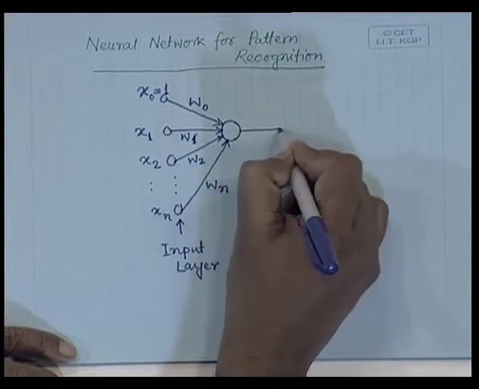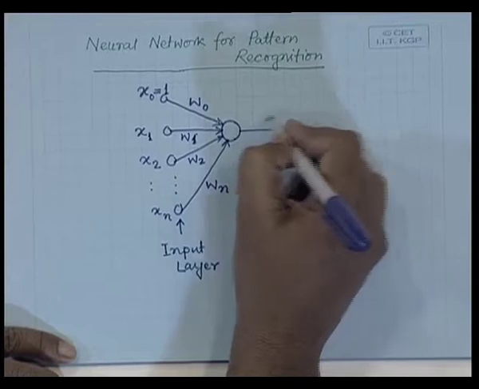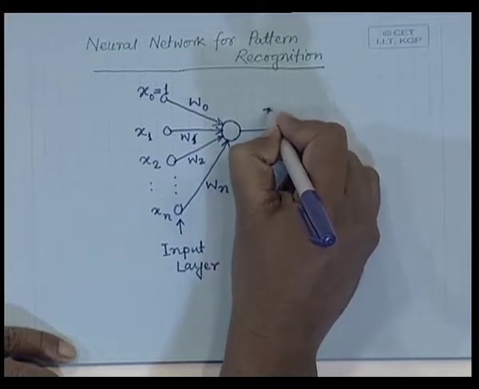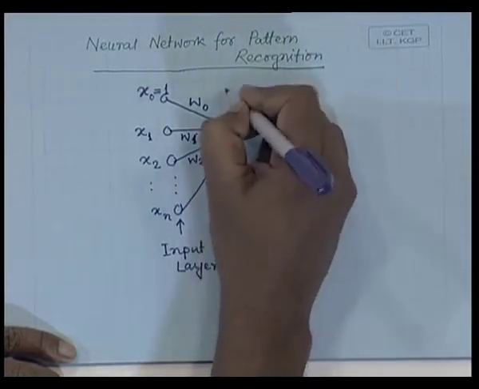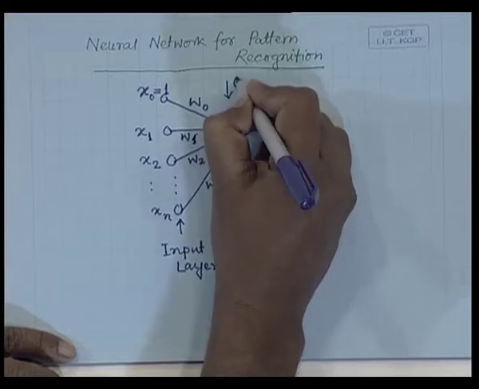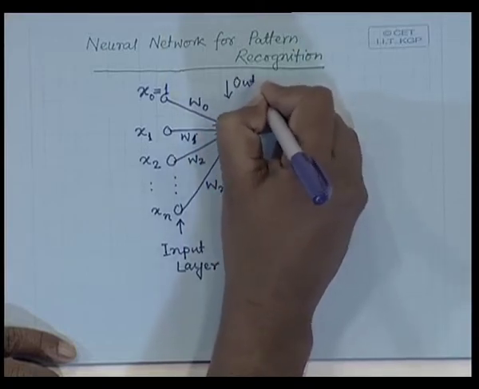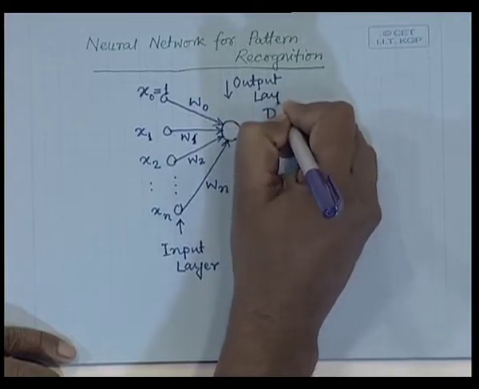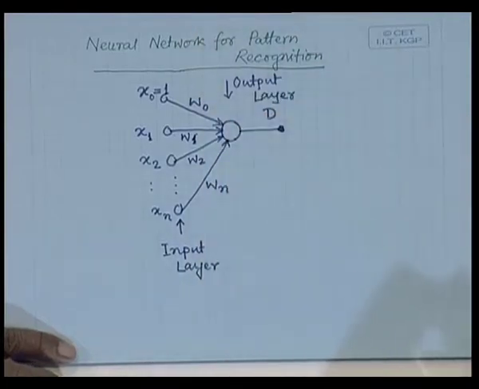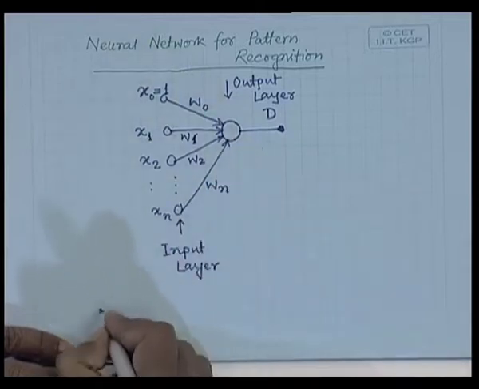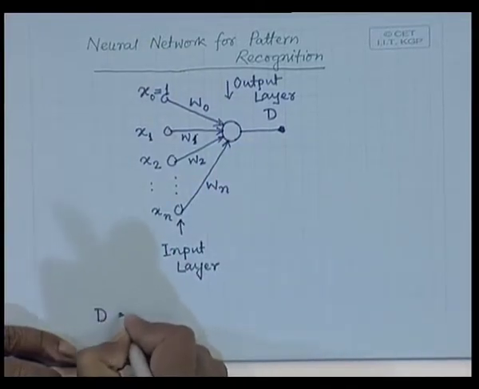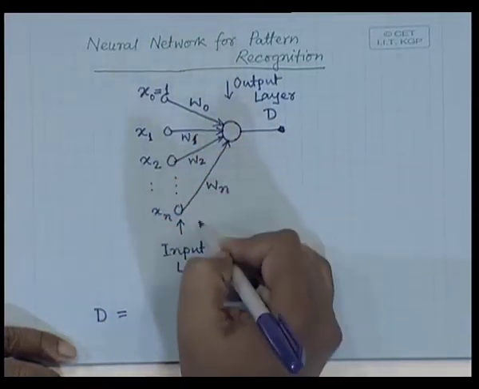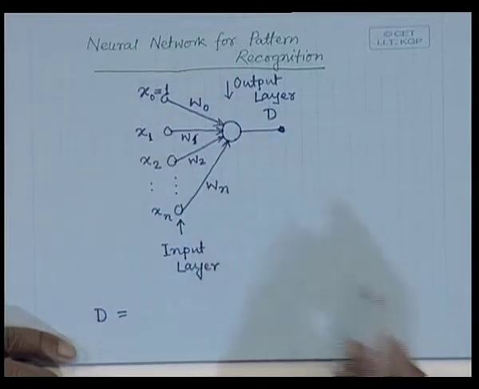And the output of the output layer node, let us say that this output is equal to D, okay. So, this is my output layer node, where D will be equal to the weighted sum of the input feature vector components.